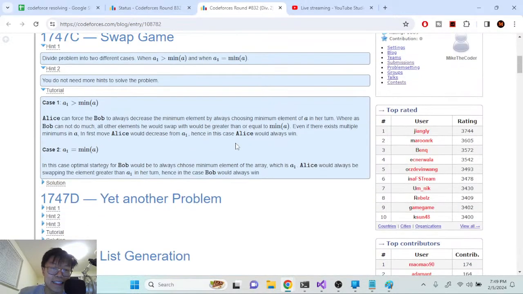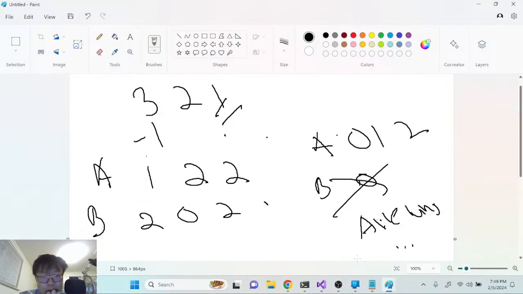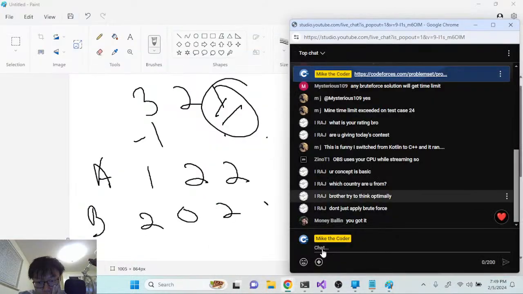Now I understand why. On Alice's turn, she always has to minus 1 on the first one and then swap with the smallest one. So if this number is always larger than the smallest number, she would always win. But this is just like, what the hell?